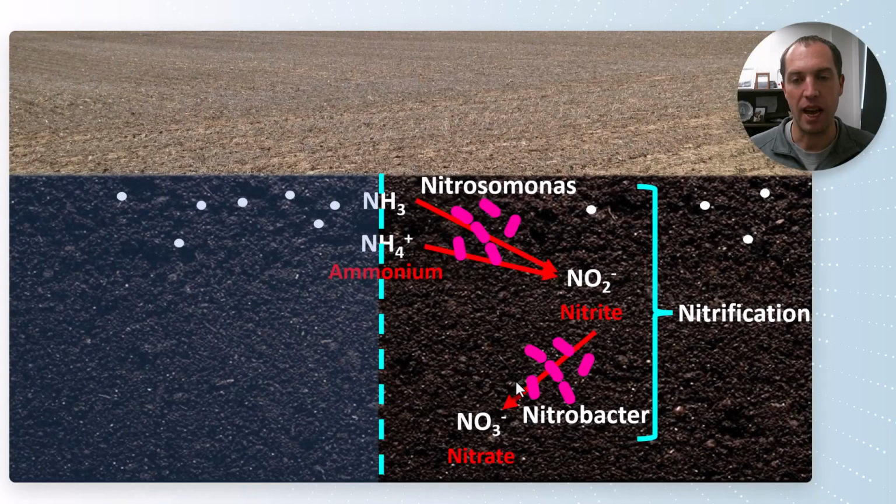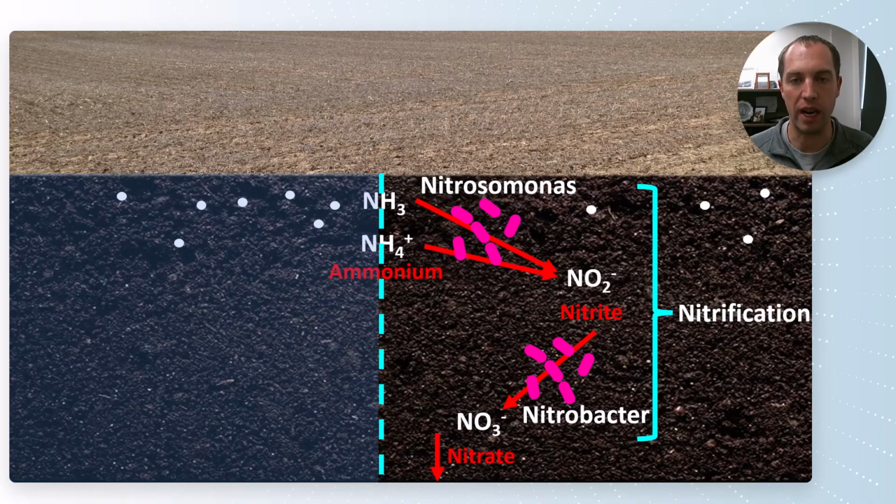The next thing that can happen is if we now have this nitrate form. This is all aerobic, up to this point over here. The next processes, going in this direction of the cycle, need to happen under anaerobic conditions, where we're waterlogged or have high precipitation to decrease the amount of oxygen in the soil. Once we have those conditions, the water that's moving down through the soil profile can take that nitrate with it, because the nitrate is negatively charged and can't hold on to soil particles or the cation exchange capacity.